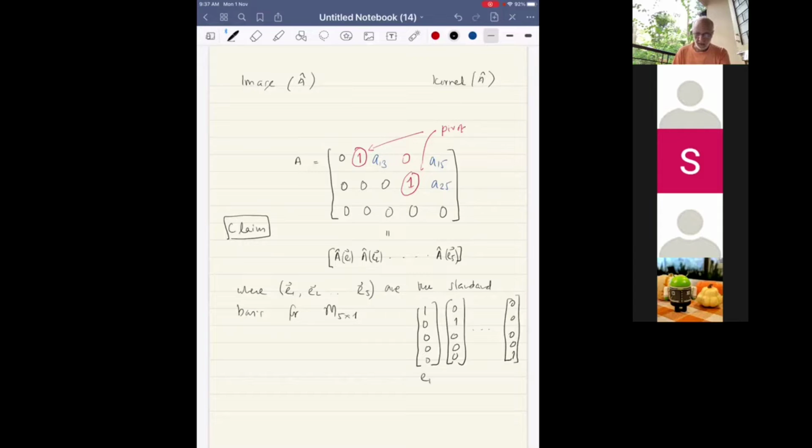This is E1, this is E2, and this is E5. So Shakti, your question is answered. As I said, this is the standard basis.